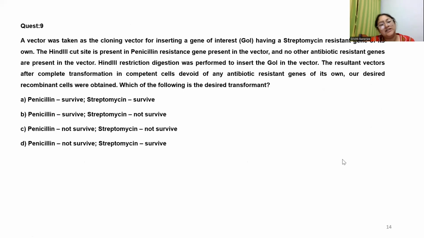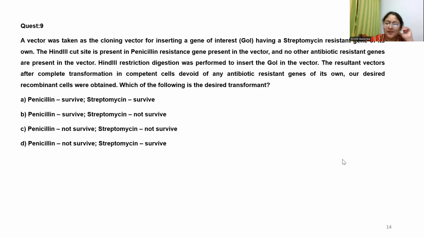And you have a HindIII cut site that is present on the penicillin resistant gene in the vector, and there are no other antibiotic resistant genes in the vector. Now, HindIII restriction digestion was performed to insert the gene of interest in the vector. The resultant vectors, after transformation in competent cells devoid of any antibiotic resistant gene of their own, desired recombinant cells were obtained. Which of the following is the desired transformation?